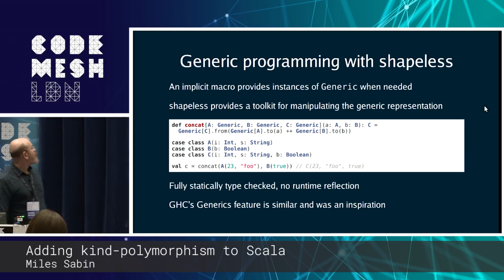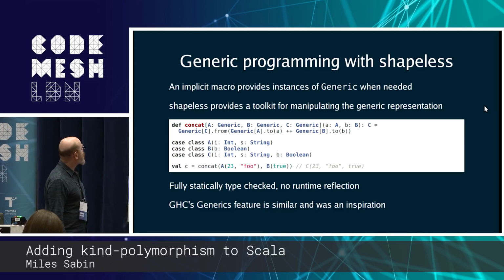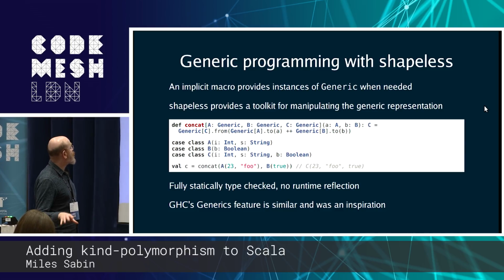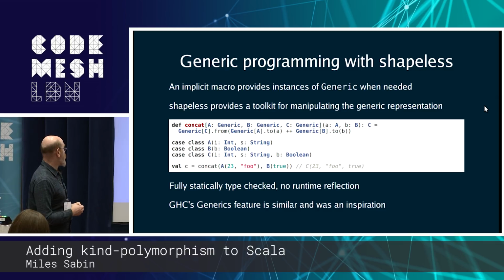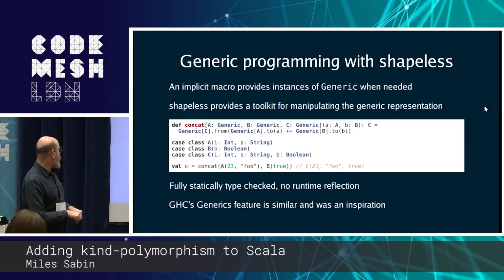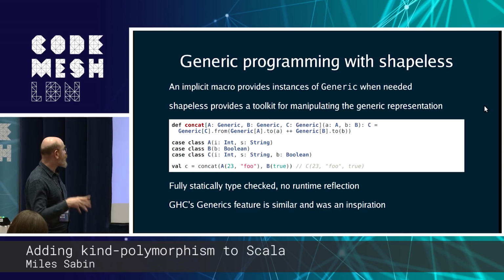So, as I mentioned, there's an implicit macro which is part of Shapeless, which will provide instances of Generic when they're needed, and Shapeless is a toolkit for doing stuff with these things. So here's an example of how you might glom a pair of product types together using Generic.